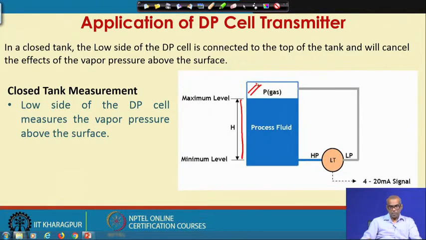So, here the low side of the DP cell is connected to this gas above the liquid, and the high side is connected to the bottom of the tank. This is the obvious choice, because at the bottom of the tank you have this hydrostatic head plus this.